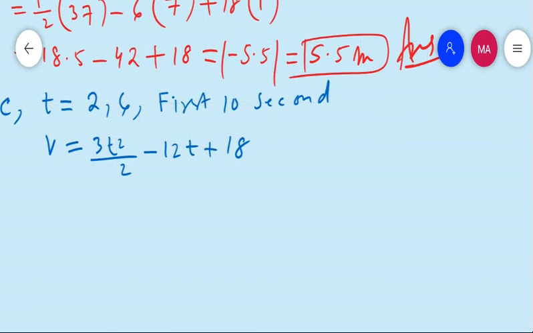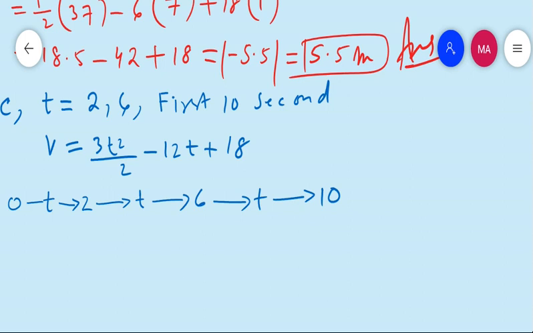Obviously we have to integrate. So total distance means we have to find the distance from t 0 to 2, then 2 to 6, then 6 to 10.